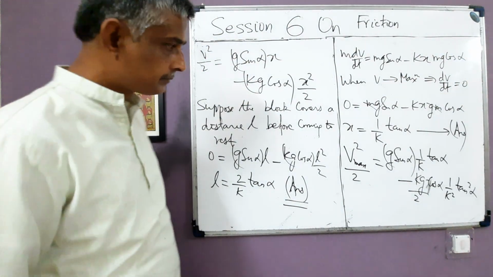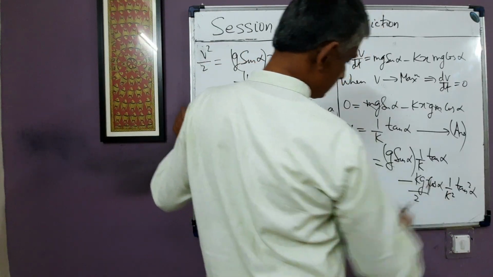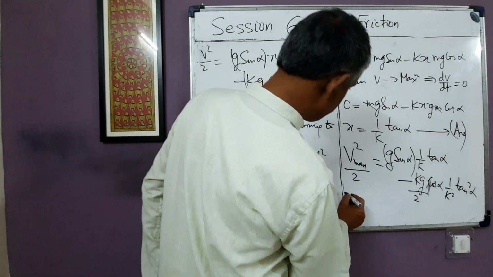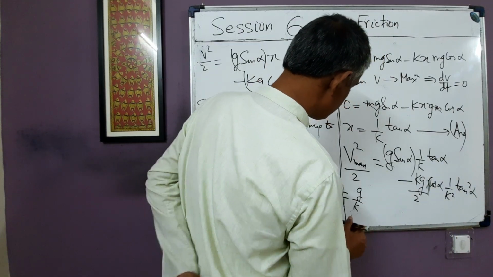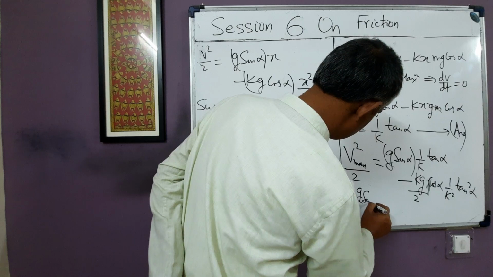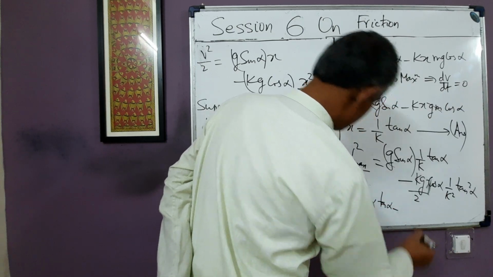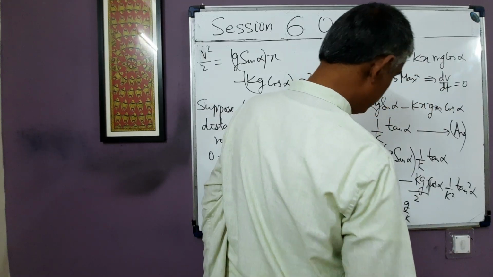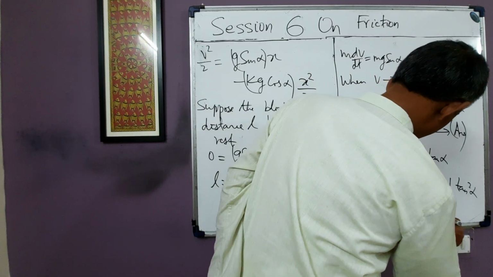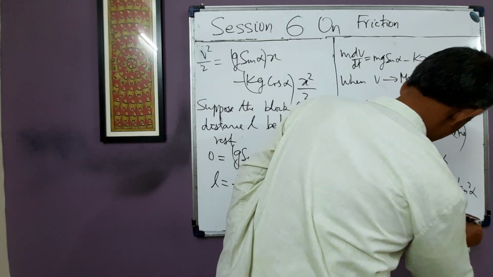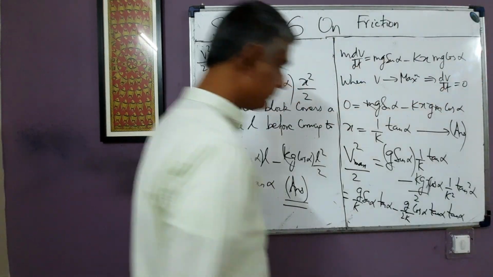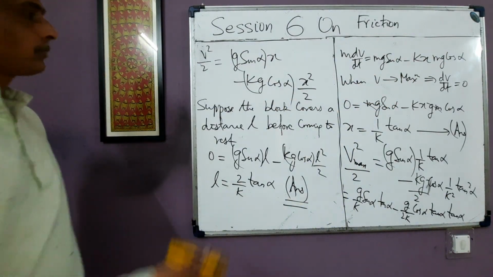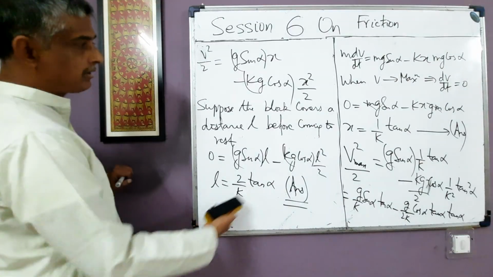Is it alright? Now you can simplify this term. This becomes g by k sin alpha tan alpha minus, with one k going away, g by 2k cos alpha into tan alpha times tan alpha. One answer we have already obtained.